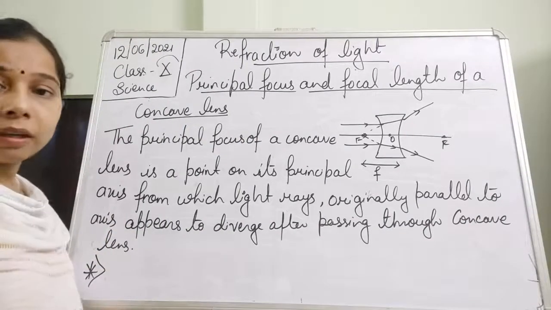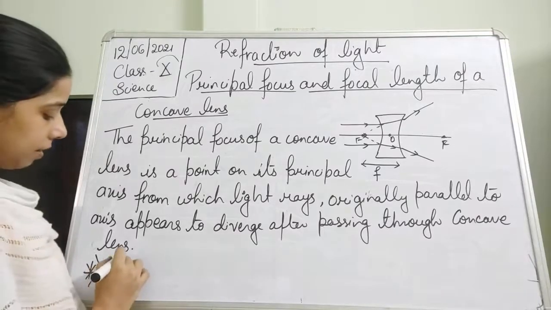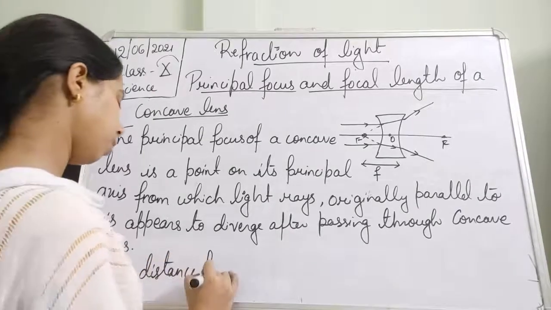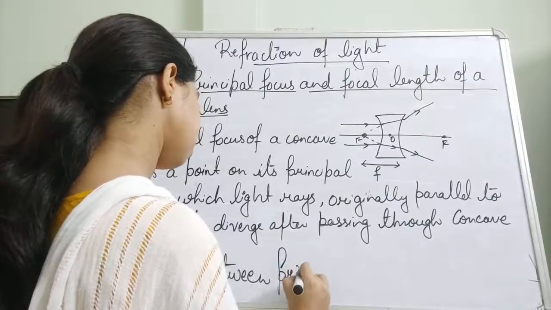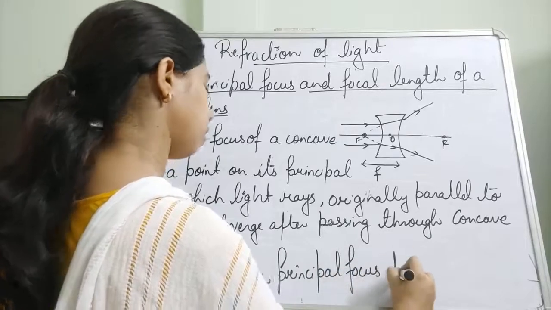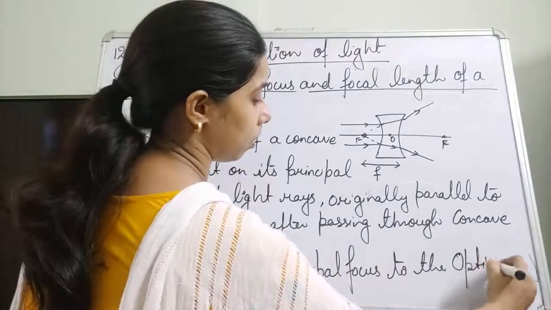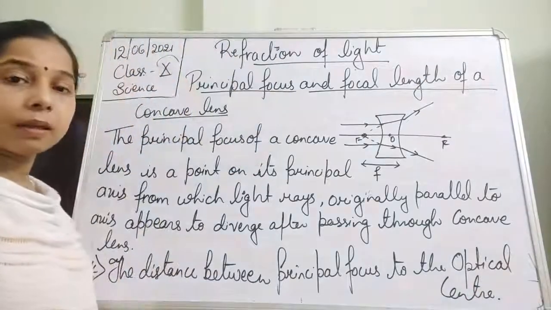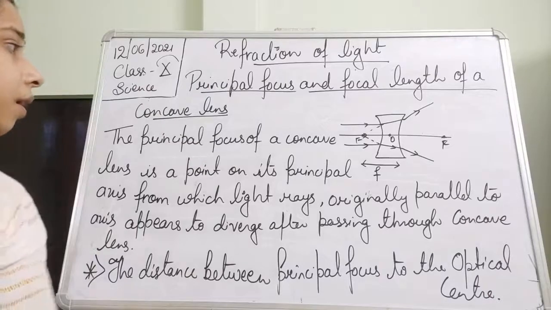Then what is the focal length? Same. The distance between the principal focus and the optical center is called the focal length.